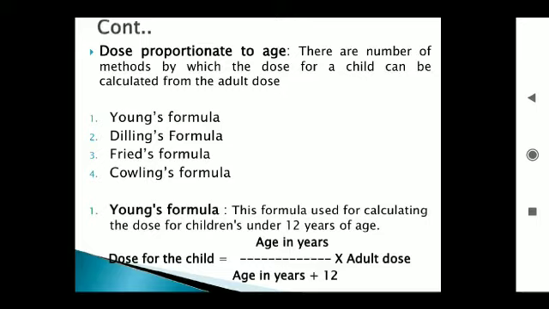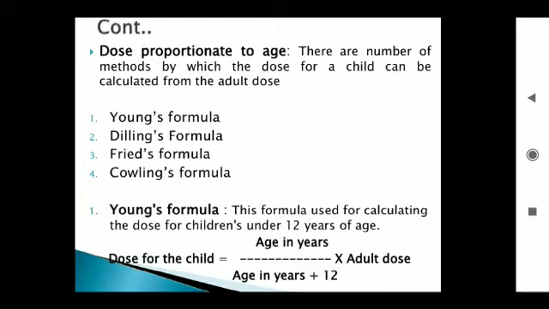There are 4 types of formulas used to calculate the dose of children: Young's formula, Billings formula, Freed's formula, Cowling's formula.